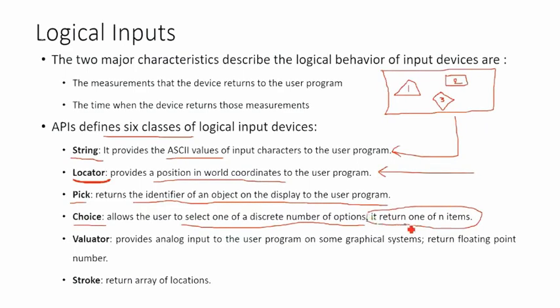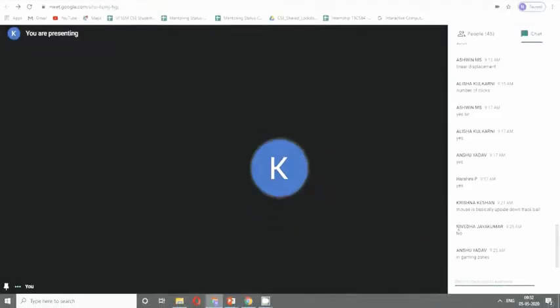Any example for choice? You would have a list of items, the user selects one out of it and the application program receives it. Any example of it? You guys have used it. In fact, you guys have used it in OpenGL. Switch case, okay?